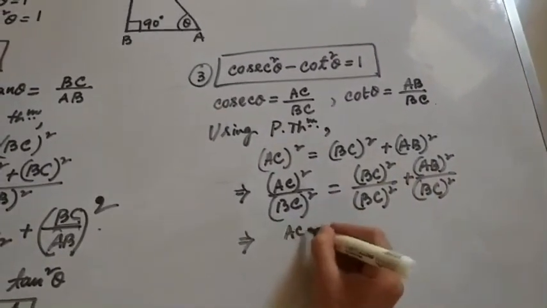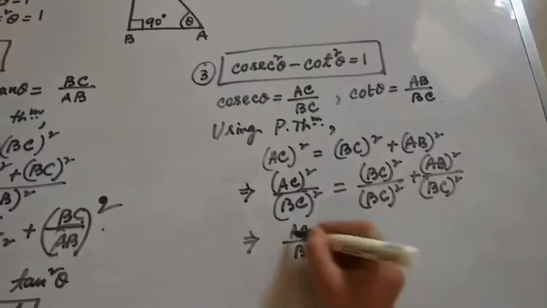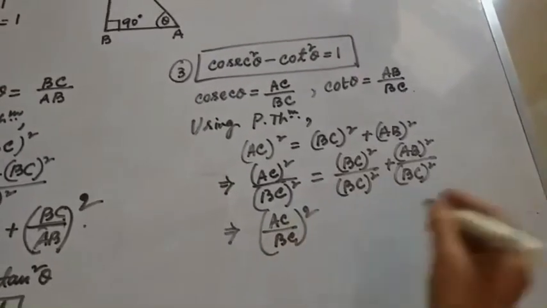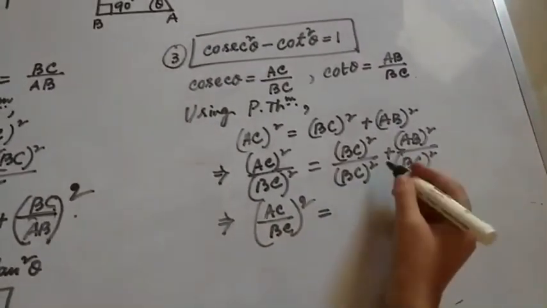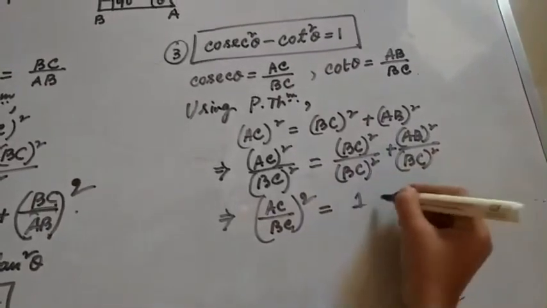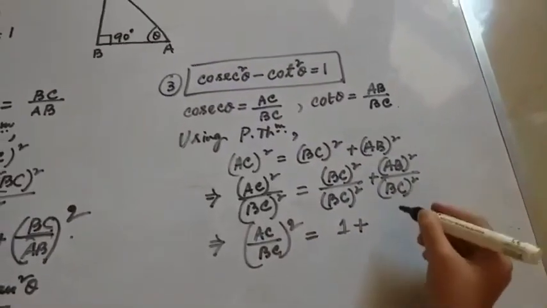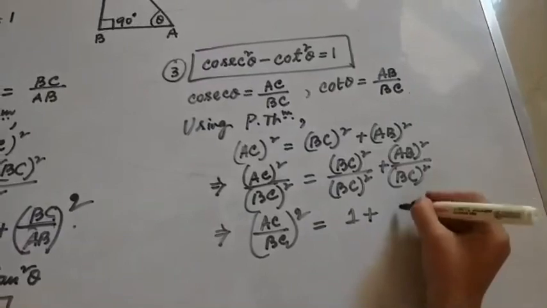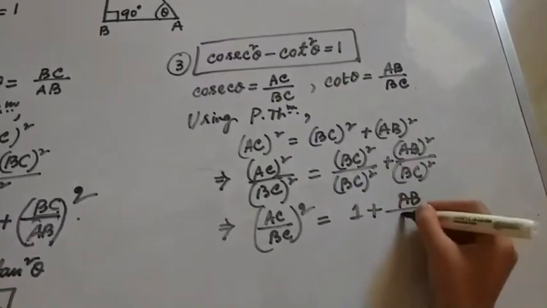Now instead of individual squares, we can write it together like this. So BC square by BC square will be 1, plus AB square by BC square, meaning AB by BC whole square.